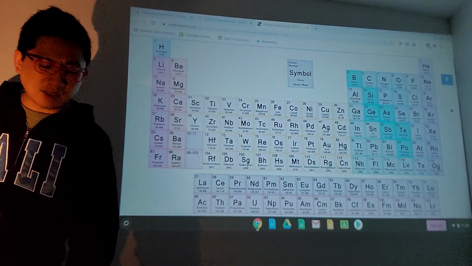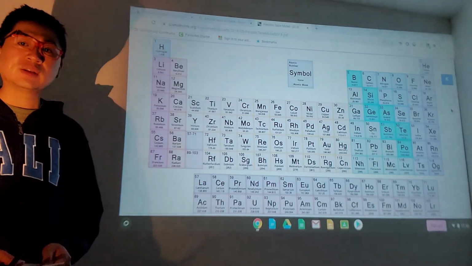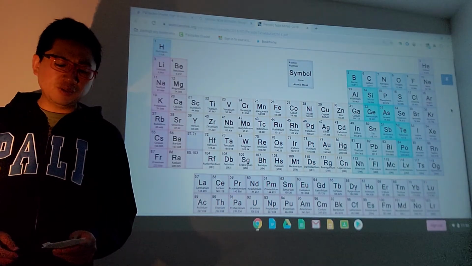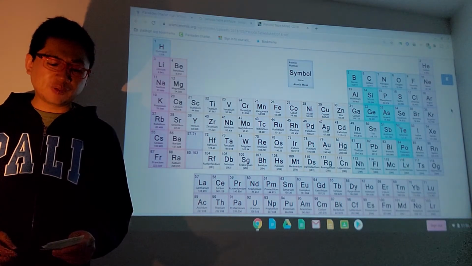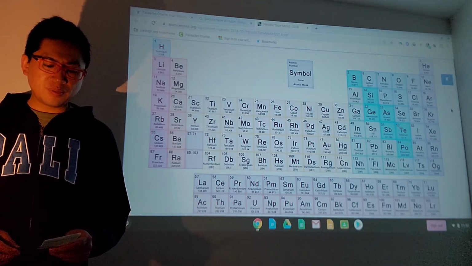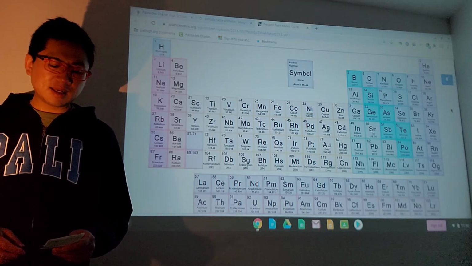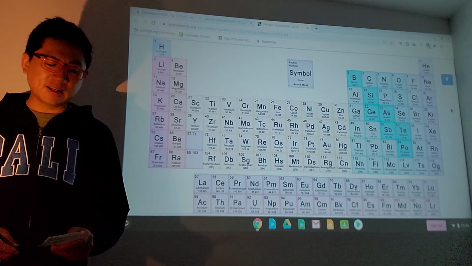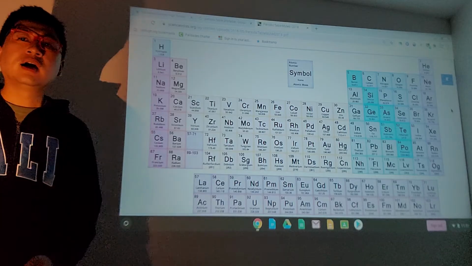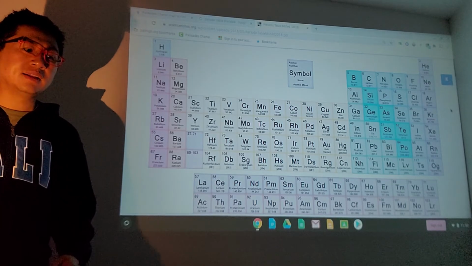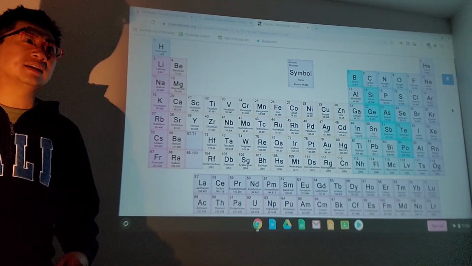The elements that you're going to have to know are elements 1 through 40, 42 to 56, 57, 74, 77 to 90, 92 to 100. I will be posting that online, that list of elements that you need to know.